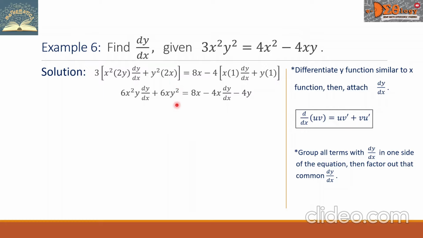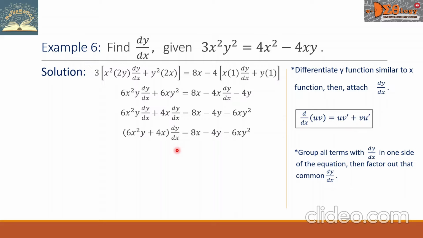There is no dy over dx here, so we transpose this to the right. From positive, it becomes negative. So the next step, it will be like this. Now on the left side, we factor out dy over dx. So it becomes the quantity 6x squared y plus 4x multiplied by dy over dx.